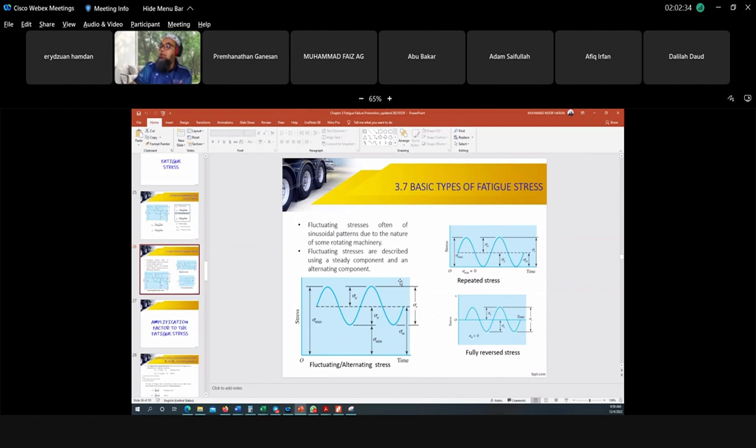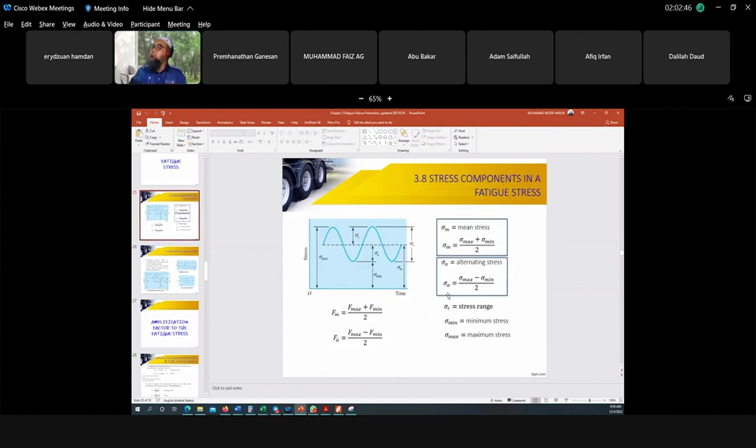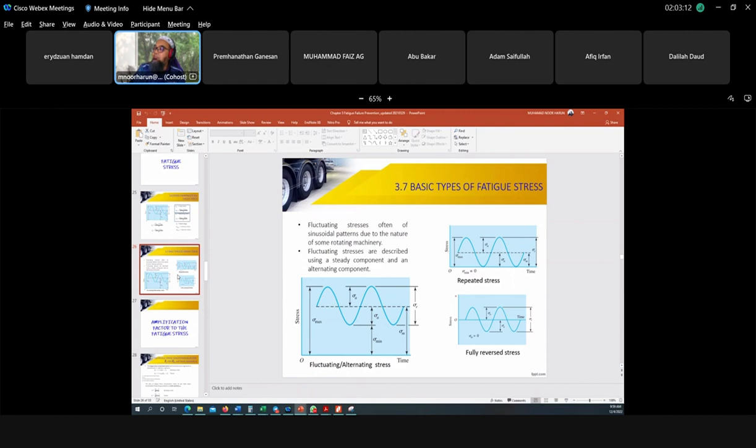Okay, this alternating stress. Okay, alternating stress sigma A and mean stress. Mean stress is sigma max plus sigma min divided by 2. Alternating is sigma max minus sigma min divided by 2. So we have 3 different types of fatigue stress or fluctuating stress.